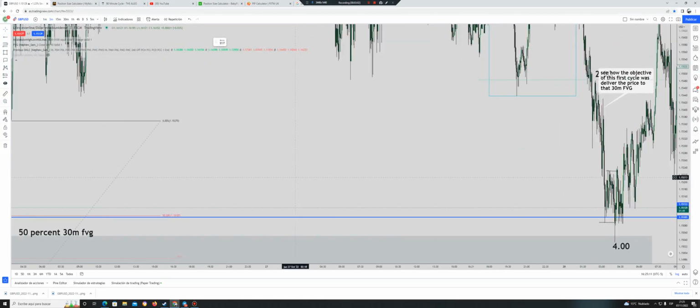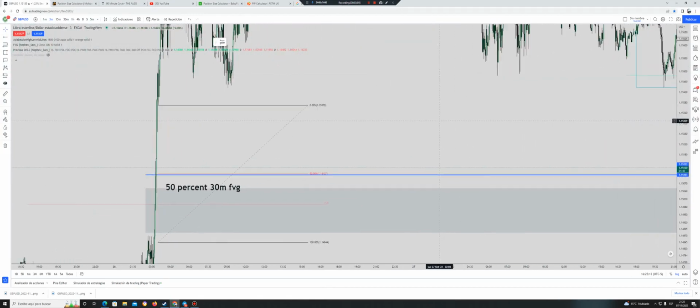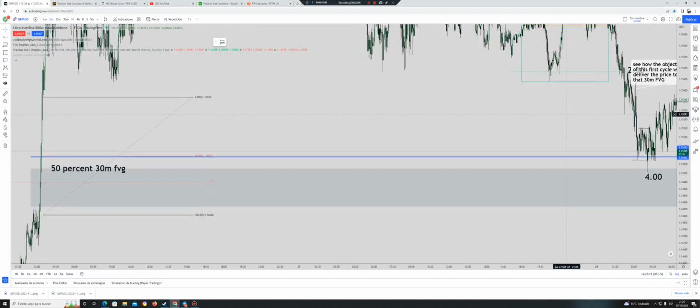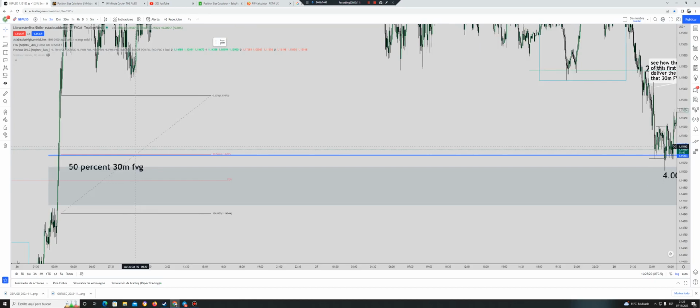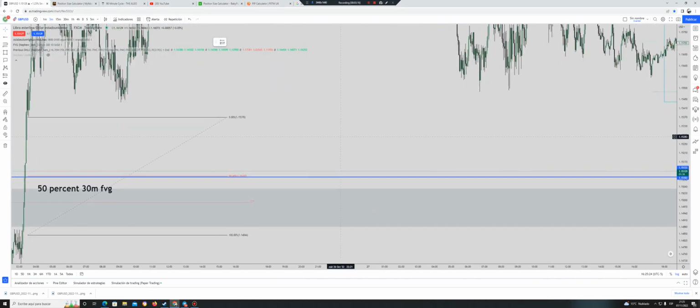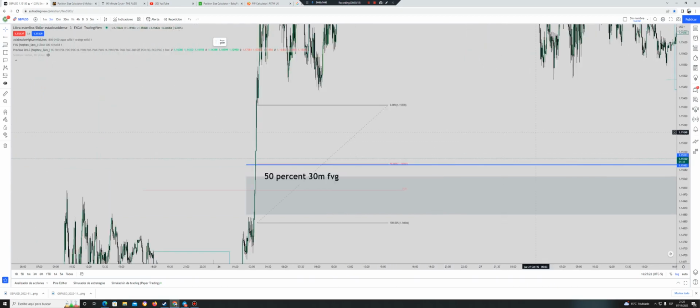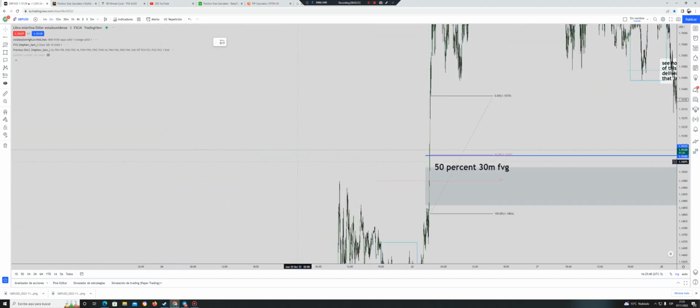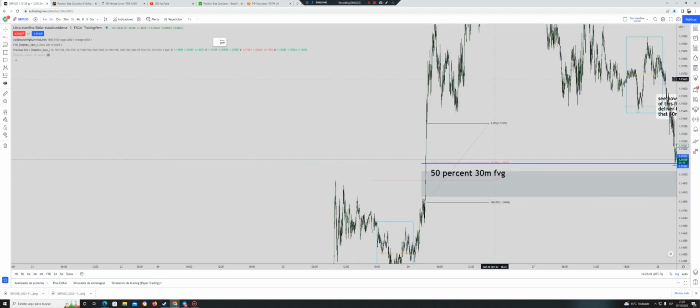So imagine, like I say, the main objective of this first cycle is to take the price to those liquidity pools, or to those points like fair value gap, order block, or to take those highs, those lows. So imagine we've got this 50% of this 30-minute fair value gap. We got a lot of imbalance here, a lot of fair value gap here, and we have this order block that made this big movement to the upside.